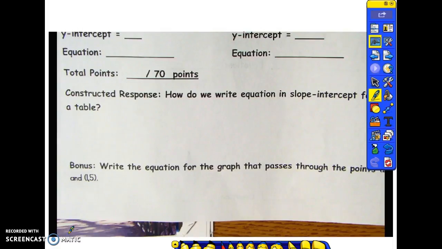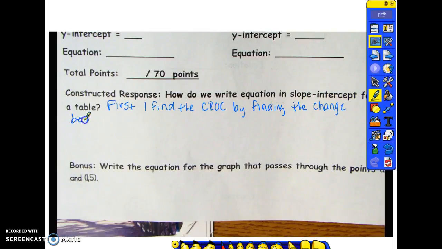How do we write equations in slope-intercept form from a table? The first thing I do, I find the constant rate of change by finding the difference, the change between each x value and each y value. And then I write the change in y over the change in x.